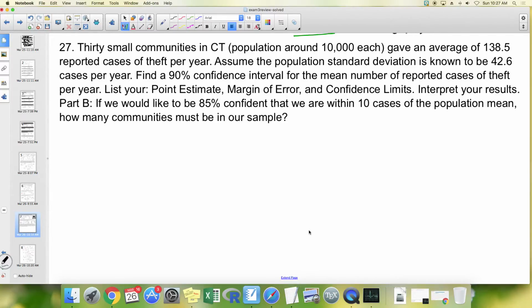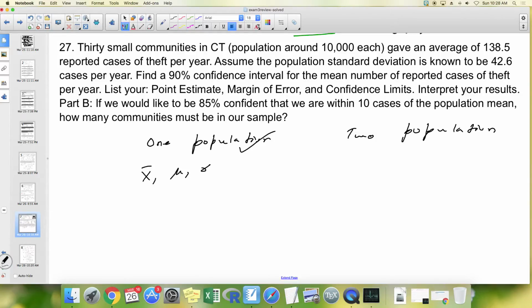Now, for this problem, if you take a look, first of all, is it one population or two populations? It is one population. So is it talking about mu, sigma, like x bar, mu, sigma, all those things, or is it about p, p hat, all those things?